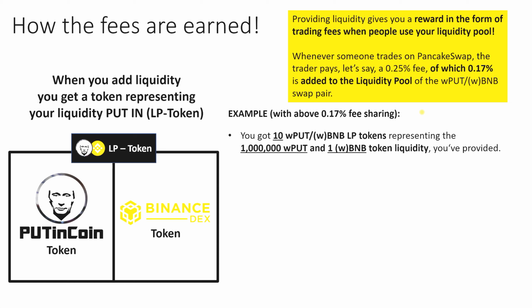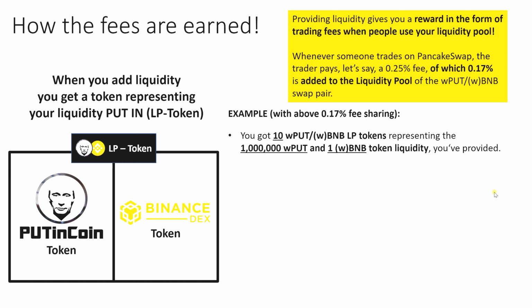And let's suppose you got 10 WPUT-WBNB LP tokens in your wallet, which is representing a liquidity provision of 1 million WPUT and 1 WBNB token liquidity in the WPUT-WBNB liquidity pool.